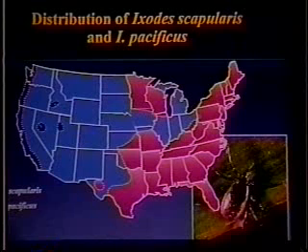The vector of the disease is the Ixodes tick that is found in certain areas of the United States more than others, and over 90% or so of the human cases of Lyme disease occur largely in the northeast part of the United States. And again, this is associated with the prevalence of Ixodes scapularis, the vector.